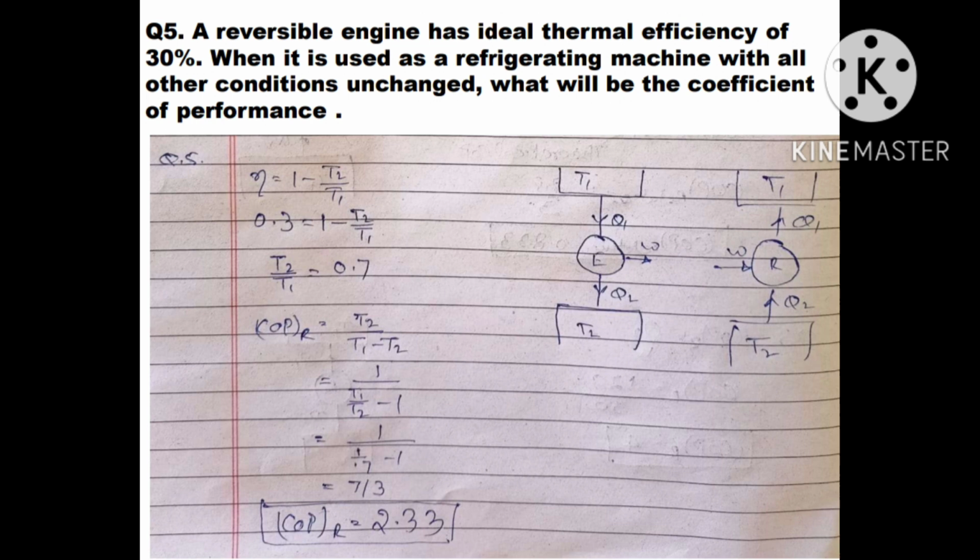If we divide by T2 in the denominator, then we will get 1 upon T1 by T2 minus 1, or 1 upon 1 upon 0.7 minus 1. So by calculating this value, we will find the value of COP of refrigerator as 2.33. So in this way we can solve these type of numericals.